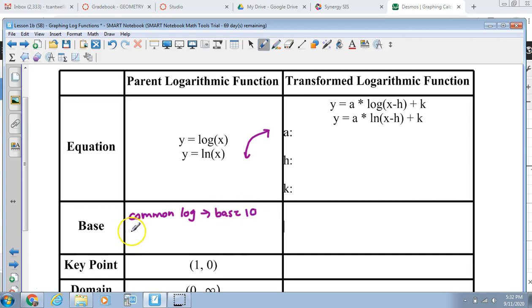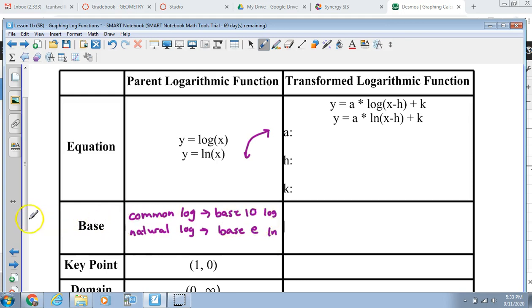And then we have the natural log, which is using base e. And base e is Euler's number, and it's a number that's roughly 2.718. And when you see this abbreviated, log is log, and the natural log is ln.